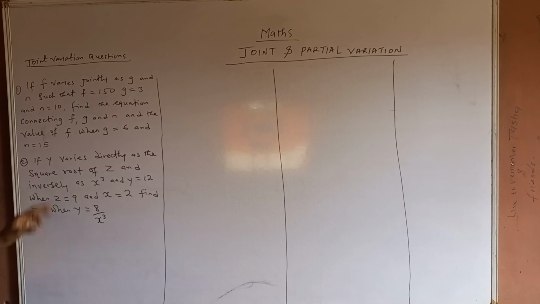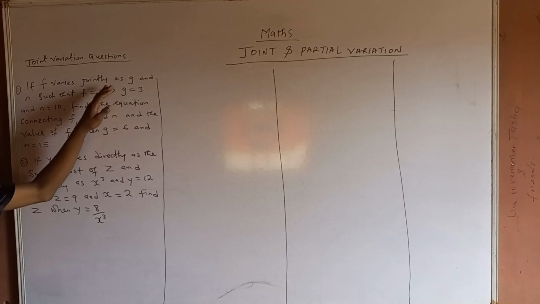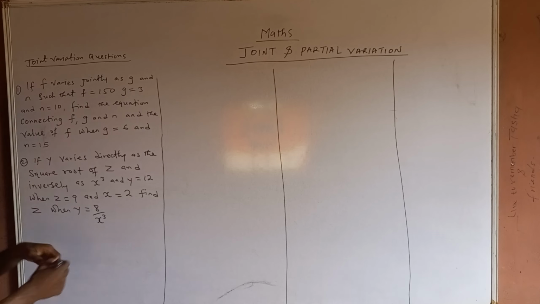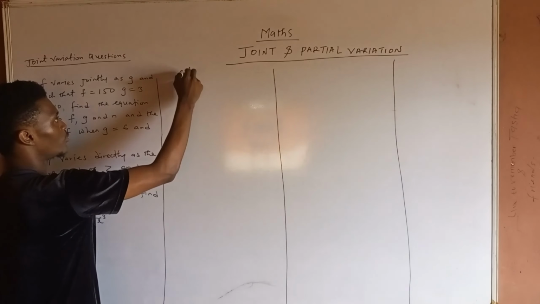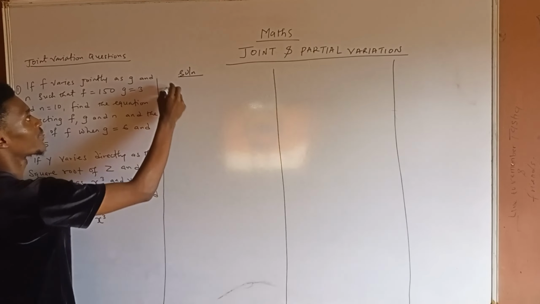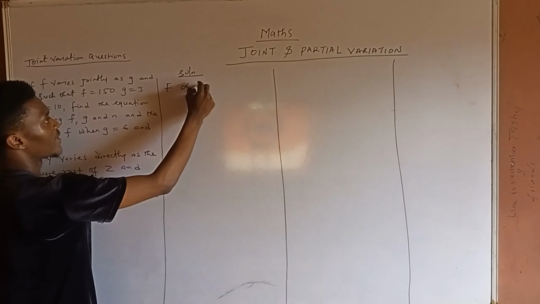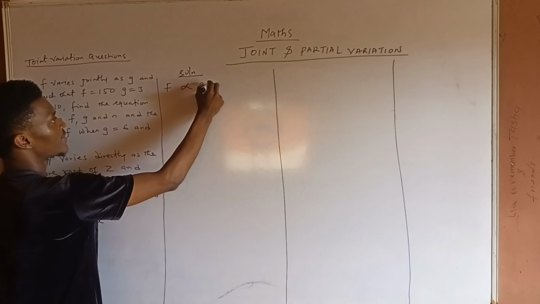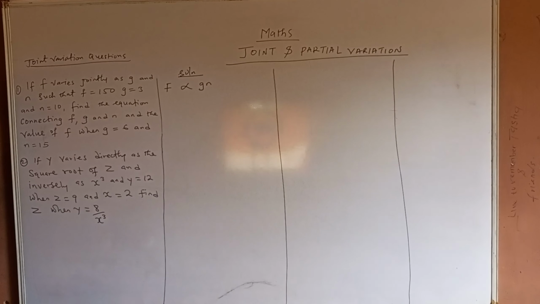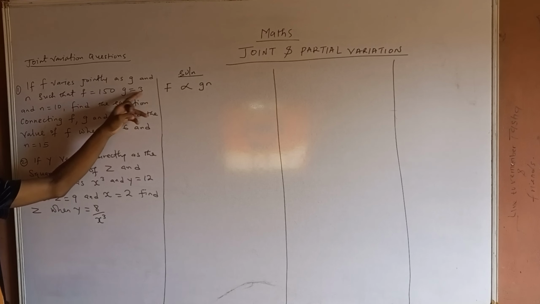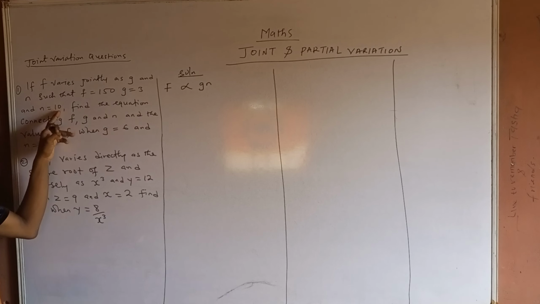So let's dissect this question. If f varies jointly as g and n, so it becomes solution to the first question. F varies jointly as g and n, all right, and then such that f is equal to 150, g equal to 3, and n equal to 10.